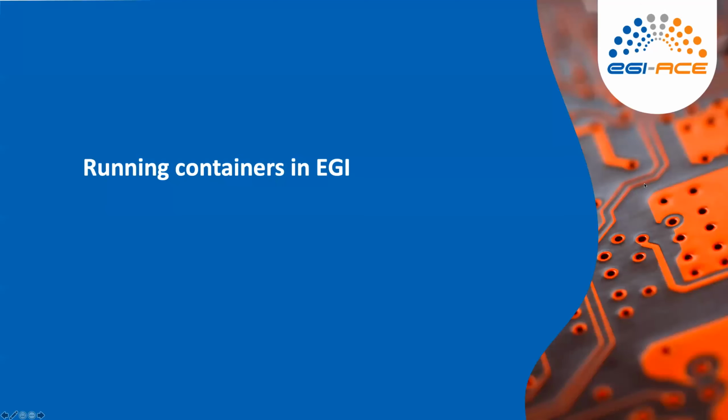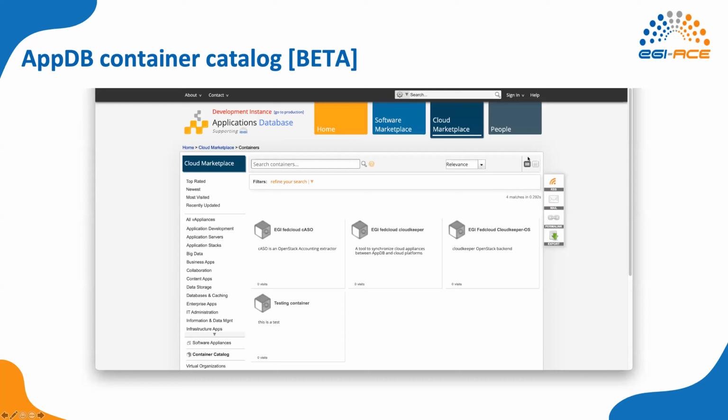Which brings me precisely to how we are supporting containers in EGI. First, I want to introduce something that is in beta, but I think it's worth mentioning. We are also working on a container catalog on the EGI side. This will be a place where people can share containers and it will be easy to find containers, with a focus, of course, on research. This is just a screenshot with a very preliminary preview, but it's a heads up.